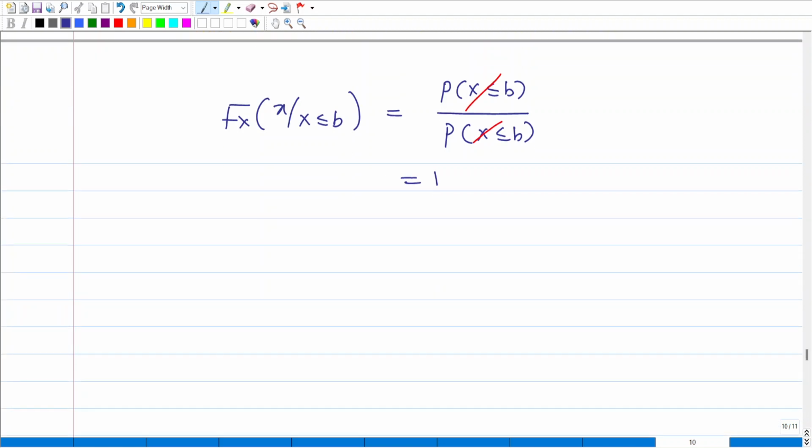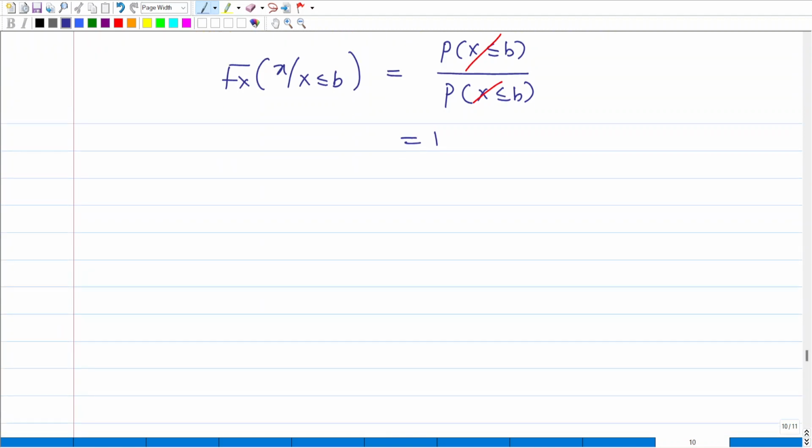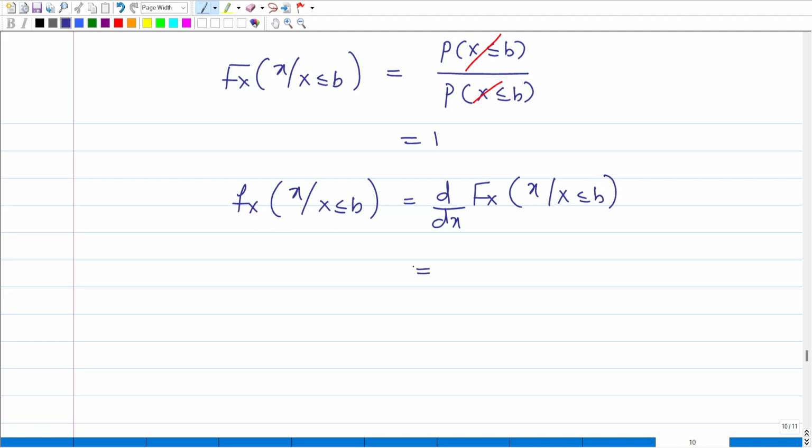Now let us write the conditional density function of x given x less than or equal to b, which is the differentiation of the conditional distribution function Fx of x given x less than or equal to b. So this time the conditional CDF is 1, and the differentiation of 1 is 0.